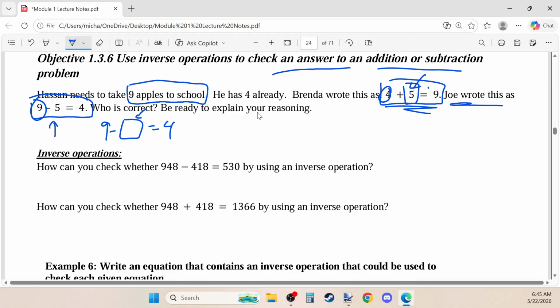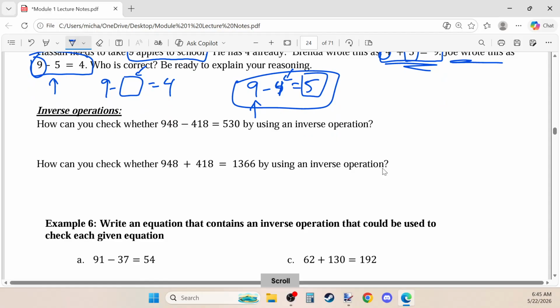I would say the most direct way of doing this would be, I want 9, I have 4, I subtract that and get 5. This is more reasonable, I think. I know this information, I know this information, this is the thing I'm trying to find. But it doesn't matter, it's the same statement either way.